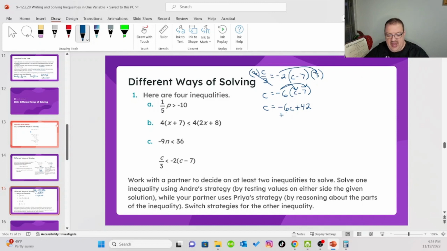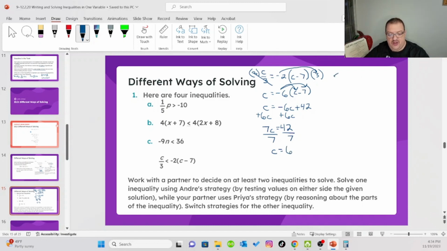Now I'm going to add 6c to both sides, and that gives me 7c equals 42. And now I can divide both sides by 7, and I get c equals 6.